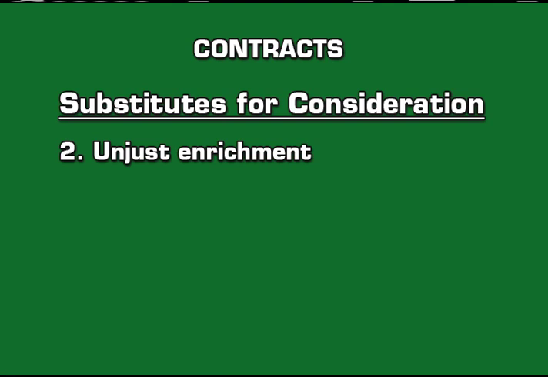Another substitute for consideration is unjust enrichment. If a party is unjustly enriched as a result of the other side, then the court might, on the basis of unjust enrichment, award damages.